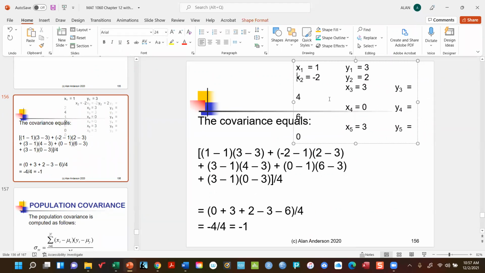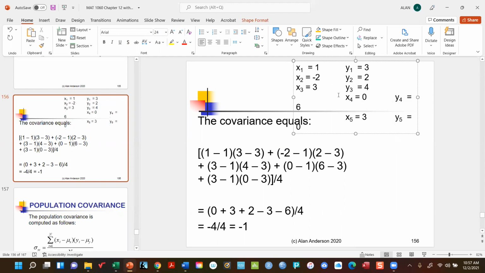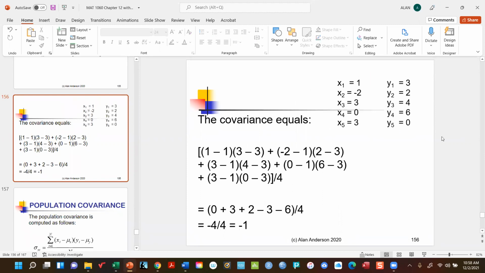Ooh, it's a bit of a mess, but I think we did it. All right, so those are the actual elements in our samples.